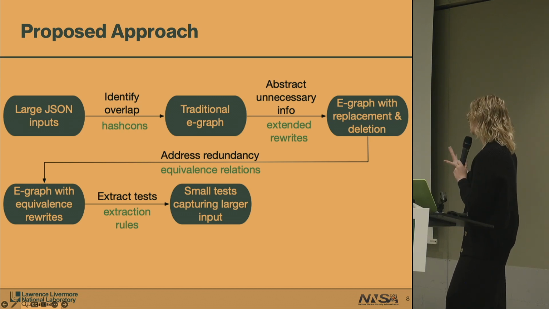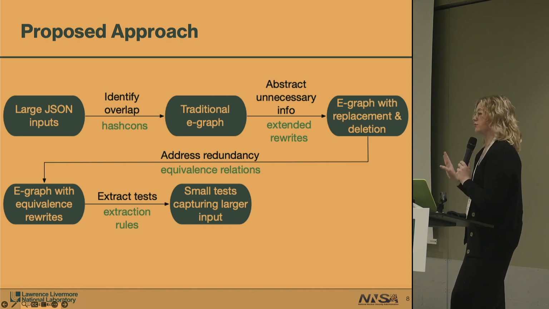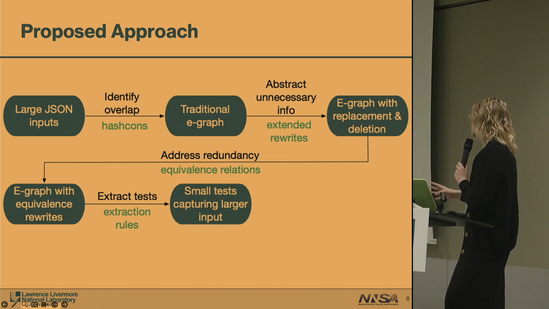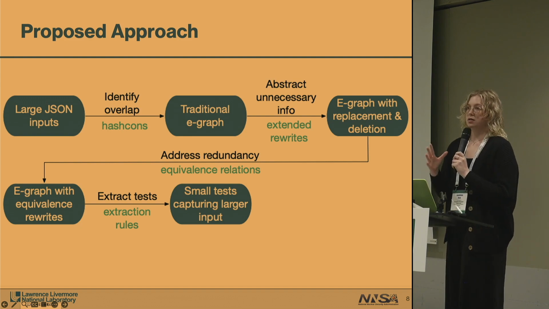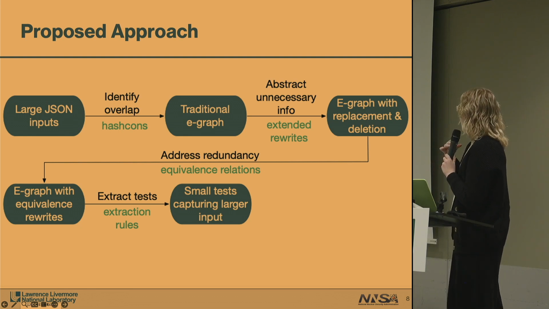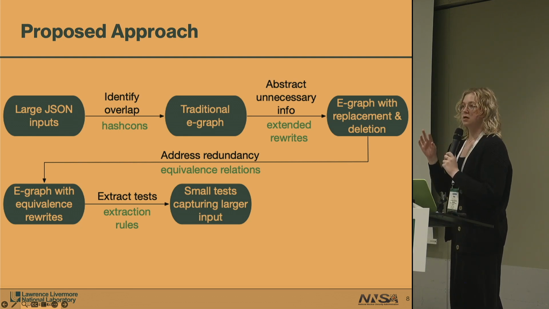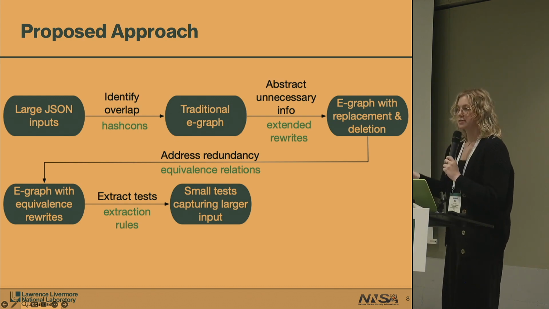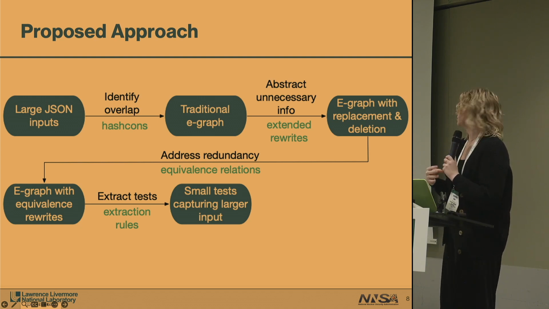As I said, we're starting with these large JSON inputs that were generated by Clang. We're then feeding those into a traditional EGRAPHS structure and leveraging the hash consing to identify any overlap in the program structure and content. From there, we wanted to abstract any sensitive or unnecessary information using what we call extended rewrites. These are rewrites that allow for term replacement and deletion.